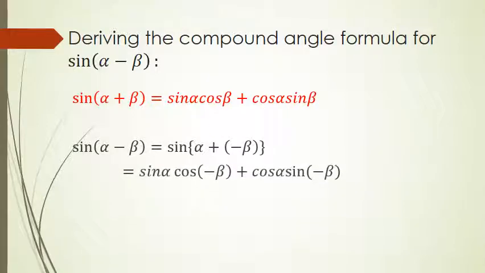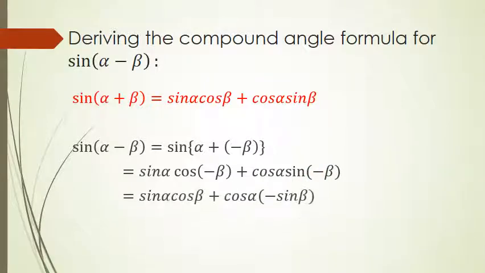So this will expand to sine alpha cos minus beta here, plus cos alpha sine, replace that with minus beta. Then as we did in the previous example, we will now use the relationships that we learned in grade 11, that cos minus beta is the same value as cos beta, and sine minus beta is the same value as minus sine beta.